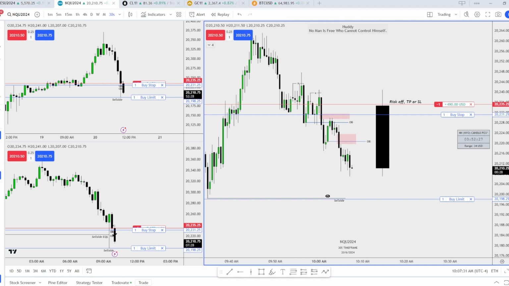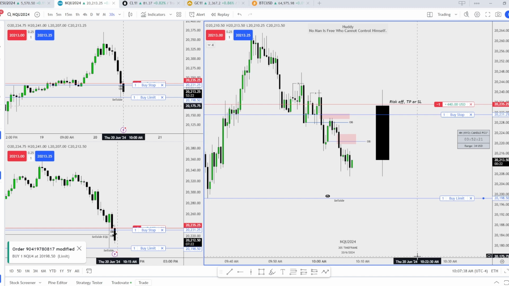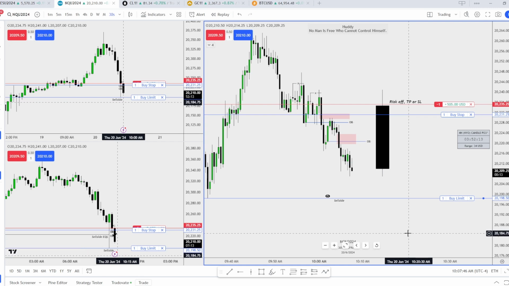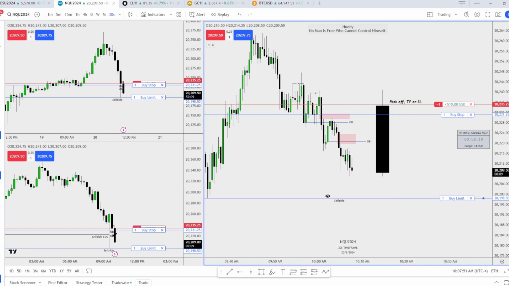And once that candle comes into play, you expect us to just go straight down. Still just waiting.